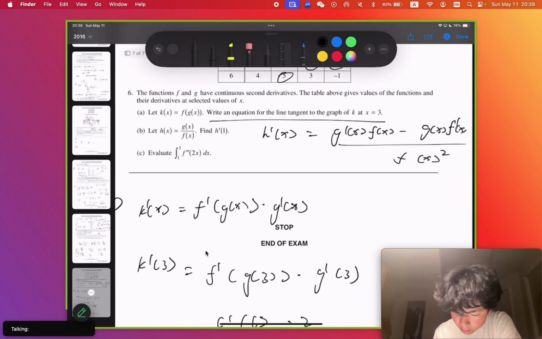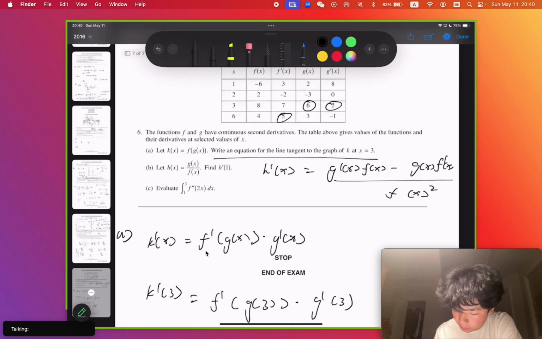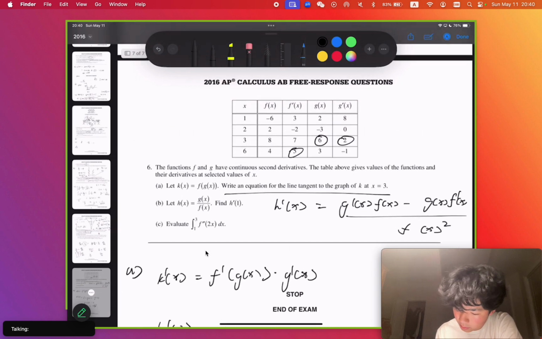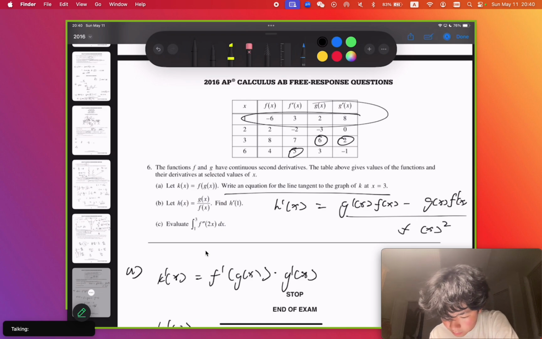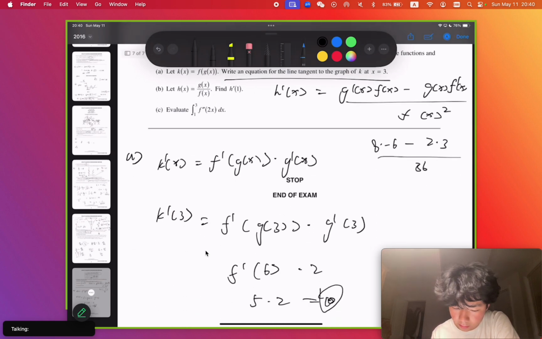Alright, so when it's 1, all of these. So it will be 8 times negative 6 minus 2 times 3 over 36. Alright, that's it. Just calculate that.